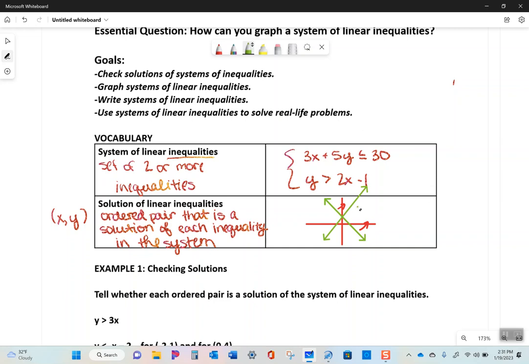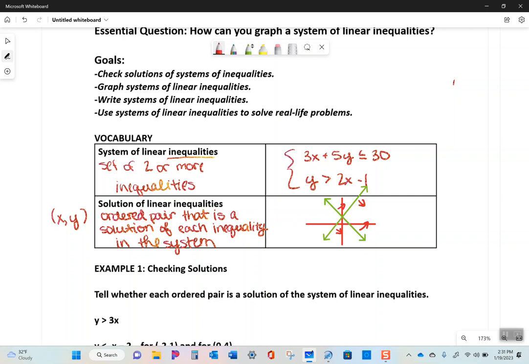So I'm shading below and to the right now. So can you guys guess where my solution would be? Because we're looking at where all of our solutions are for both inequalities.